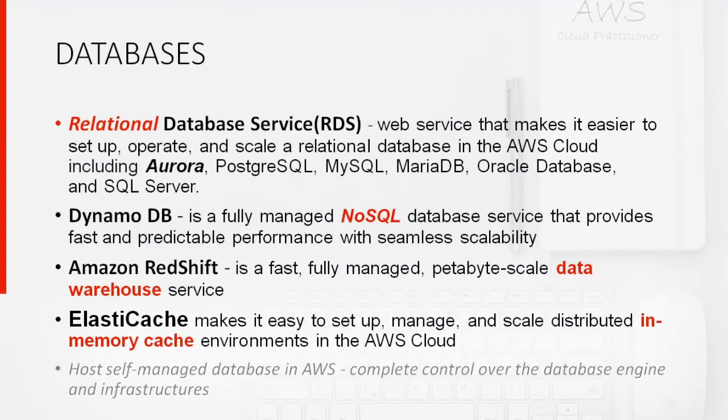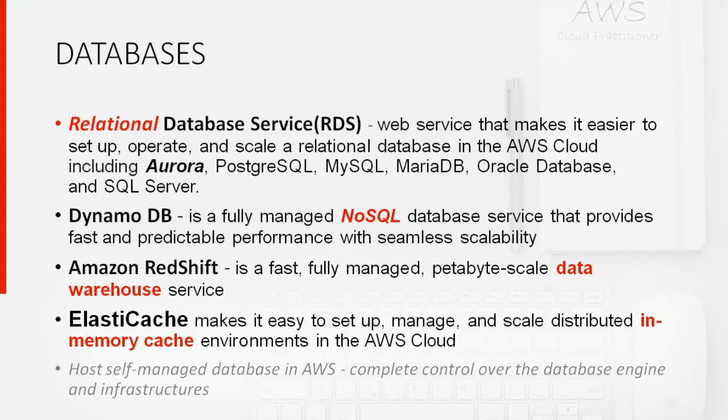Databases. Relational Database Service, RDS, is a web service that makes it easier to set up, operate, and scale a relational database in the AWS cloud, including Aurora, PostgreSQL, MySQL, MariaDB, Oracle Database, and SQL Server. DynamoDB is a fully managed NoSQL database service that provides fast and predictable performance with seamless scalability.